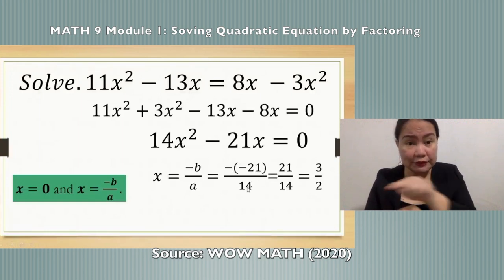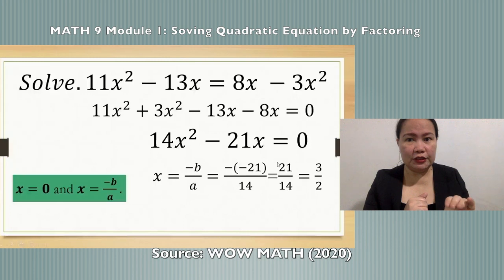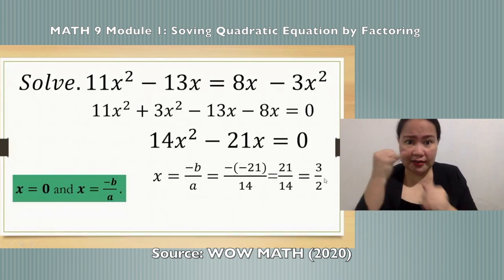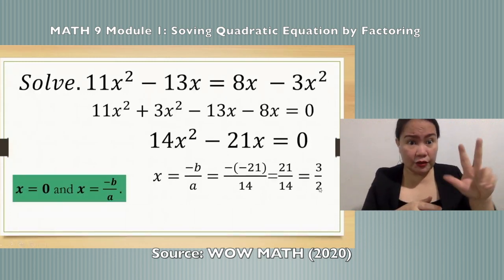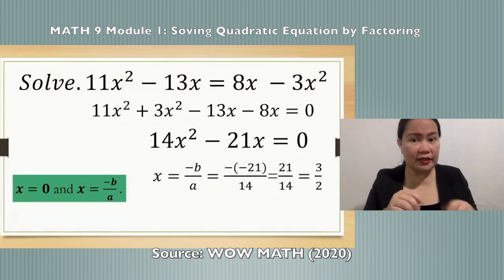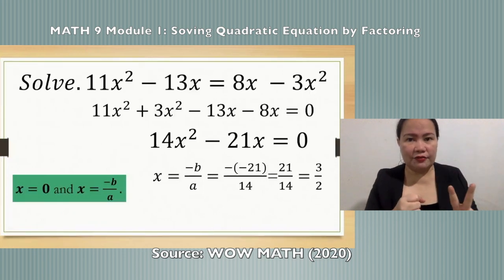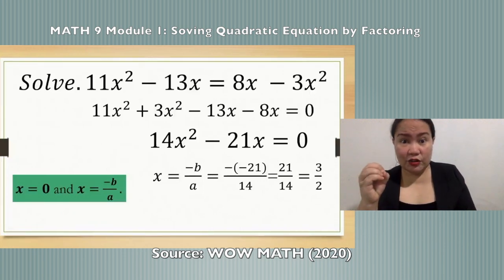Divided by 14. So, negative times negative 21, that is positive 21 over 14. Hindi pa ito yung final answer. Bakit 3 over 2 yan? We get the lowest term of 21 and 14. So, therefore, the solutions of this given equation are 0 and 3 over 2.